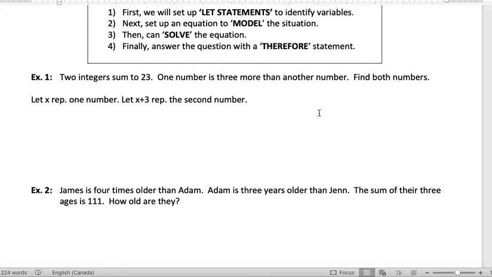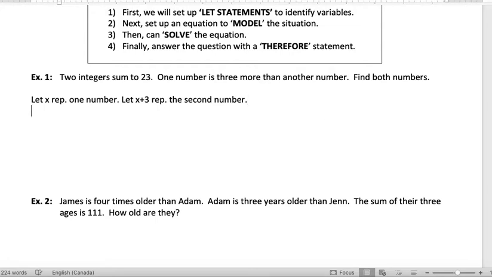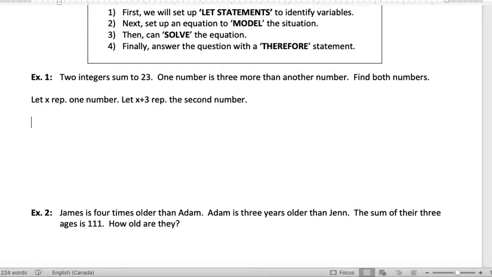So when we solve this, we need to set up our model. So we know that x, our first number, plus x plus 3, which is our second number, is equal to 23.